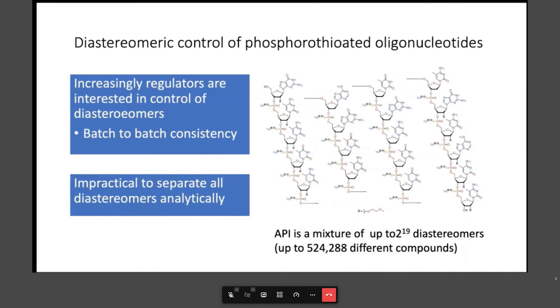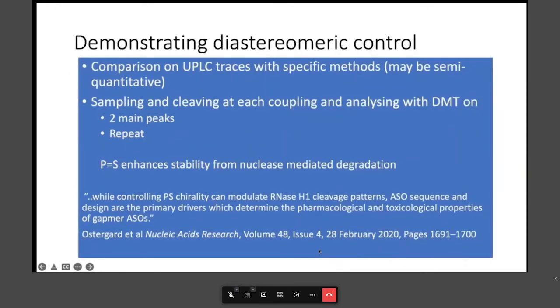I am very skeptical indeed about this paper, and we haven't got time to discuss it, but it is getting attention, and it is important because it is of course impossible to measure such a huge quantity of diastereomers, but it is very, very important that we have some method of showing that our synthesis is reproducible.